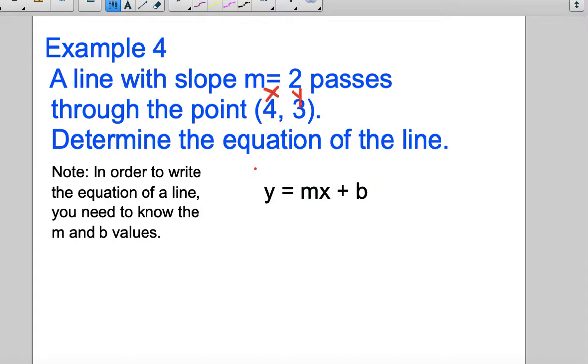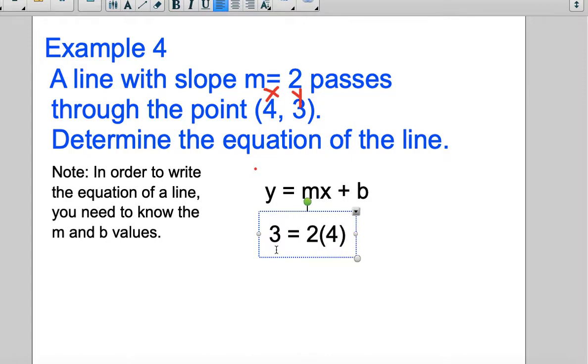So when we go to write our equation, we're just going to sub in what we know. We know our y value is 3. We know our slope is 2. We know that our x value given in the equation is 4. And we don't know our b value.